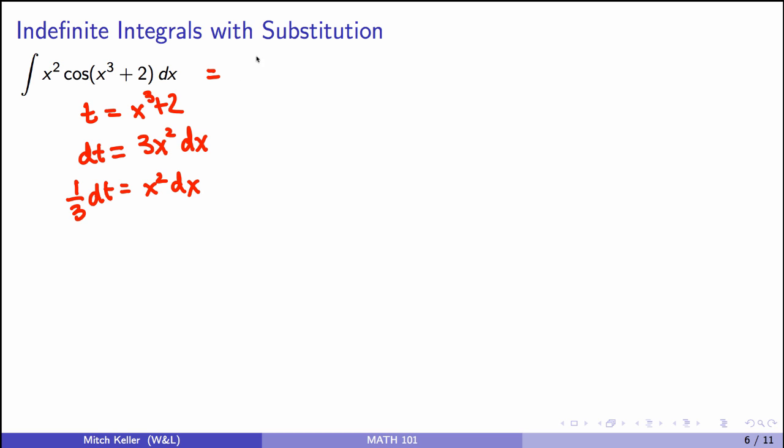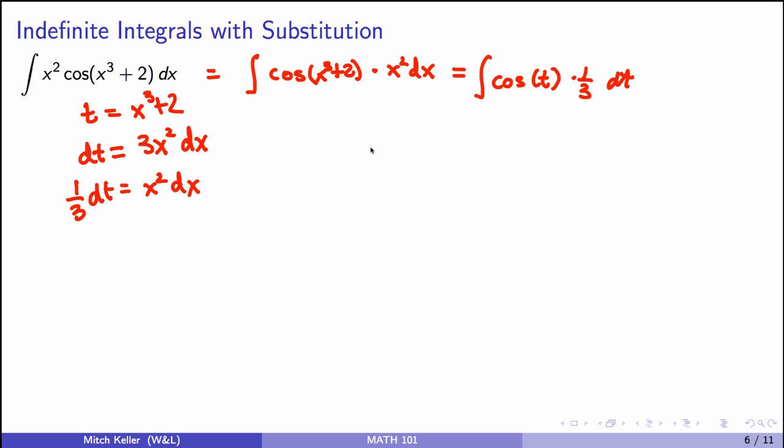And so let's go to work rearranging this now. And so now we see we can put our t in here. And then we've got x squared dx, which we worked out here and figured out that that's 1/3 dt.